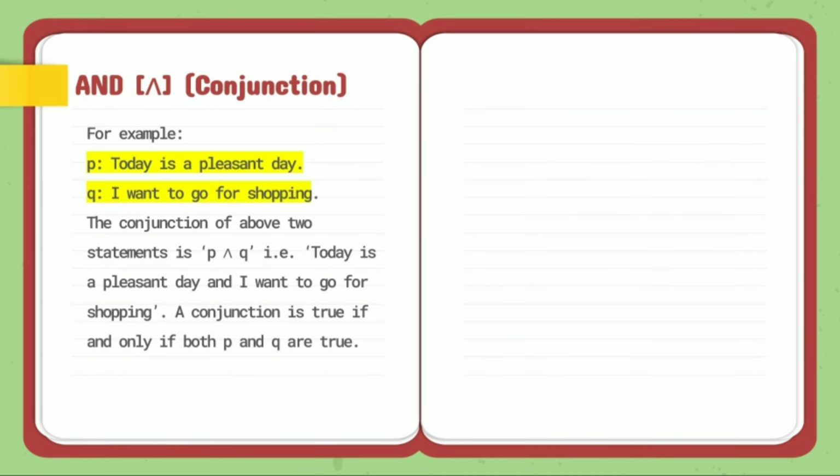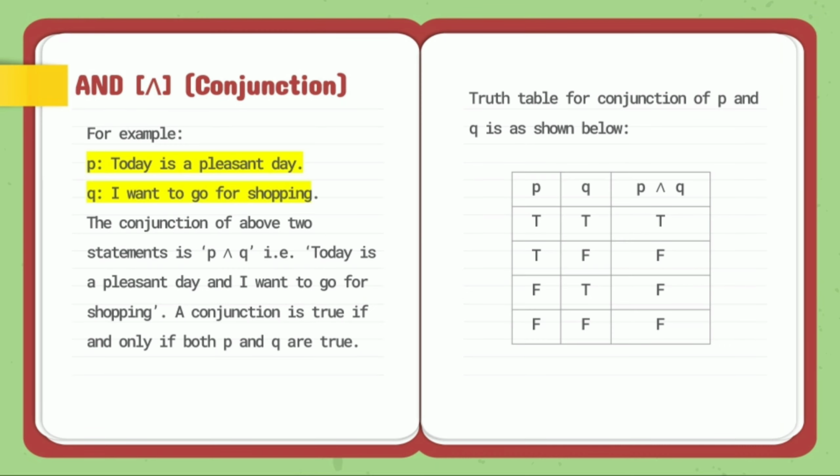The conjunction of the above two statements is P conjunction Q. In essence, today is a pleasant day and I want to go for shopping. A conjunction is true if and only if both P and Q are true. Truth table for conjunction of P and Q is as shown below.